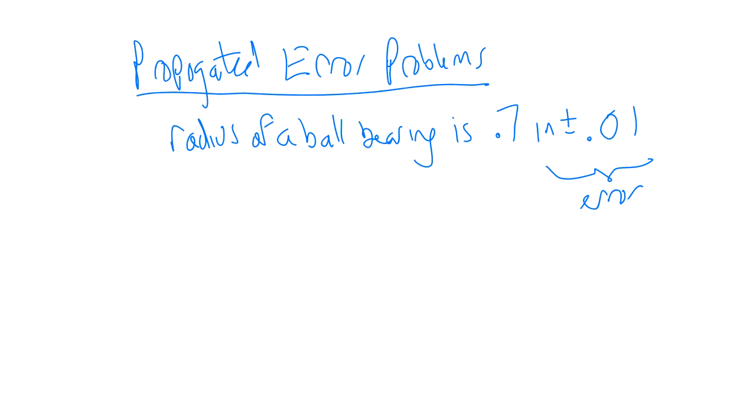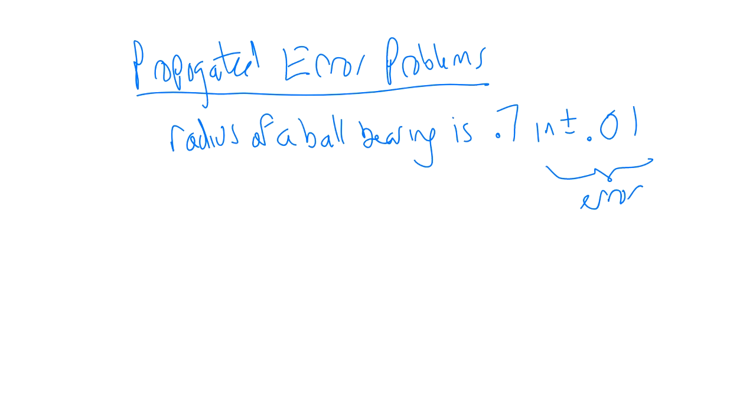So if I'm using this radius in, for example, another equation like volume or area, then you would be propagating this error because you're squaring the radius, or cubing the radius, and so therefore you're squaring or cubing the error. These often tend to be sort of geometric in nature, and let's look at an example, I think it'd be clear then.